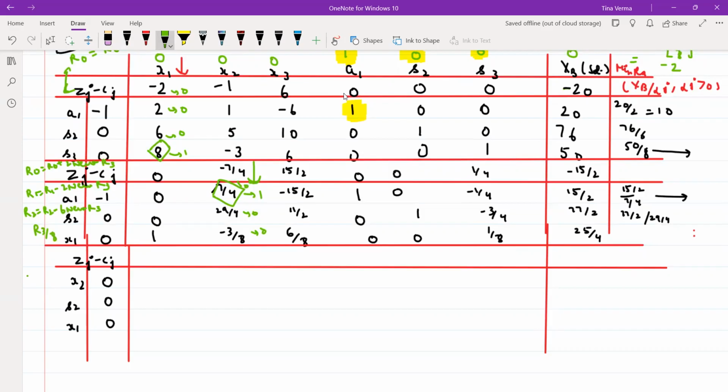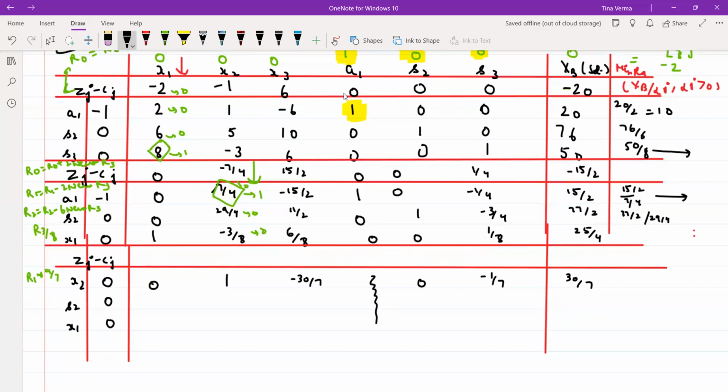You will multiply R1 by 4 by 7, and it will become 1. So this entry will become 0, 1. This will become minus 30 by 7. This will be 0. Once your artificial variable leaves the basis, you can leave that column. Its column is 0, minus 1 by 7, and this is 30 by 7.